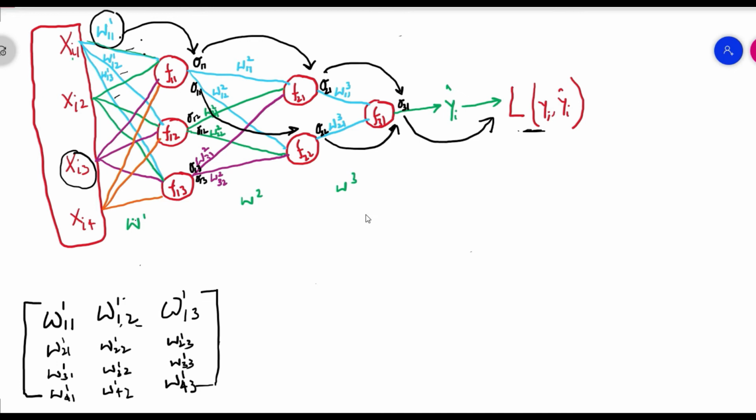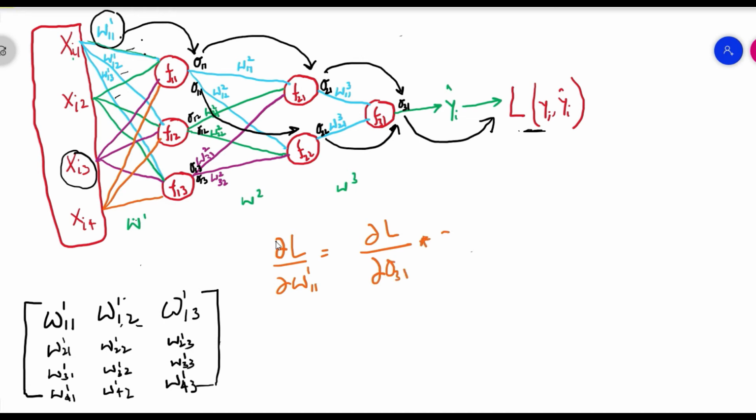So coming back to how the rate of change in our loss function will be determined based on the rate of change of our W111, we can define the expression as ∂L/∂W111 equals ∂L/∂O31 multiplied by the rate of change of O31 with respect to our weight W111.